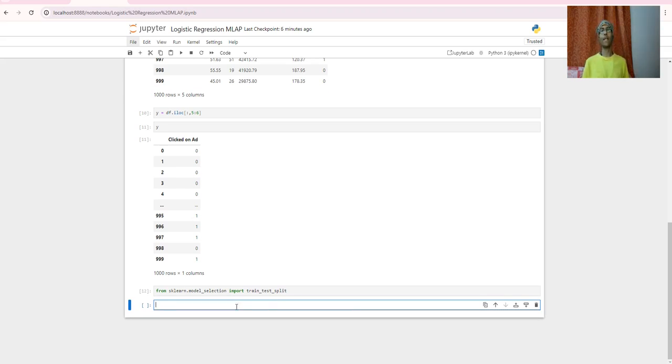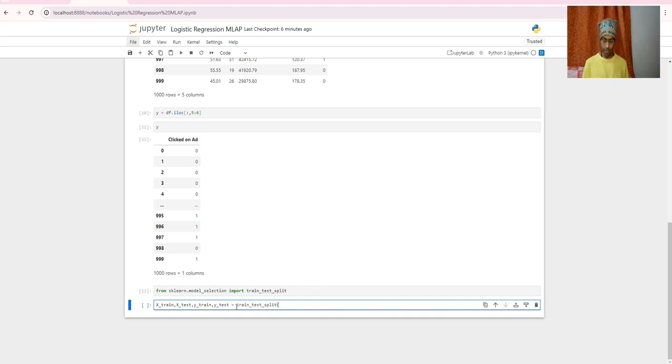Now we want to have 25% of data as test data and train the logistic model on 75% of the data. How do we do that? X_train, X_test, y_train, y_test is equal to train_test_split.